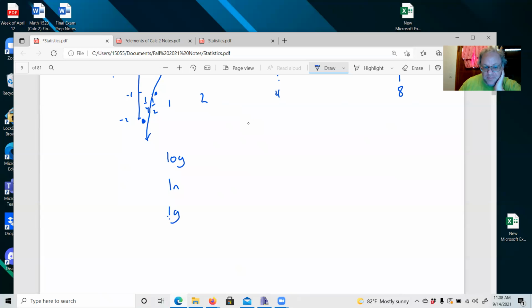This is the button on your calculator: log, ln, lg. Log is really log base 10. ln, L as in that one, is the natural log, which is log base e. And lg, this is computer science people, is log base 2.